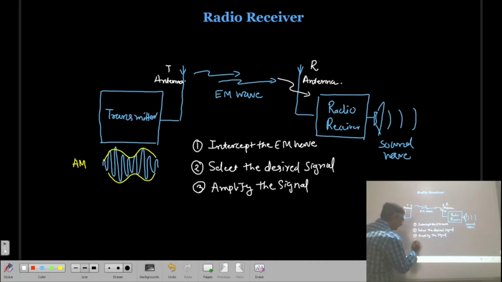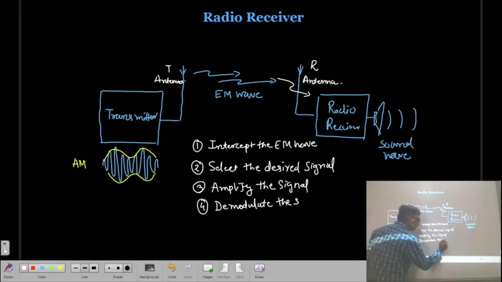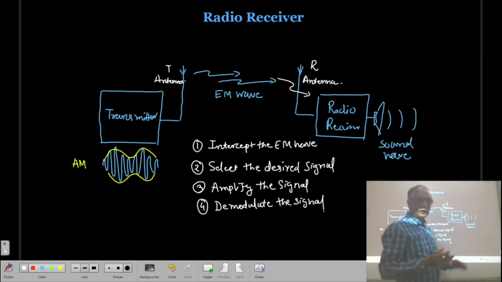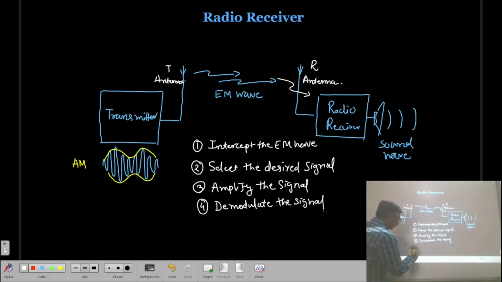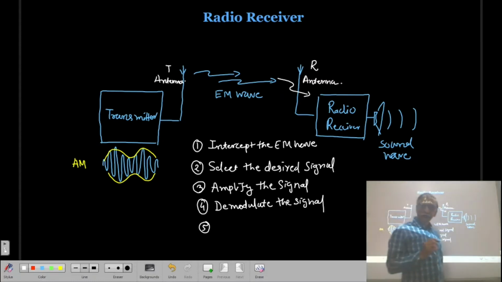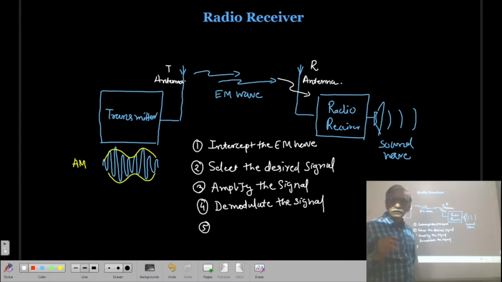And after proper amplification, it will demodulate the signal. Demodulating the signal means the information and the carrier wave are separated. And thereafter, this information is given to the loudspeaker to produce the sound wave.